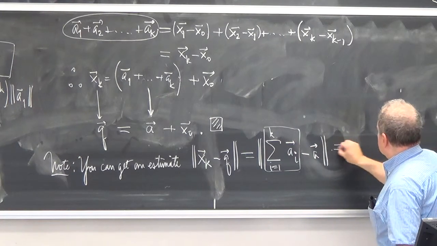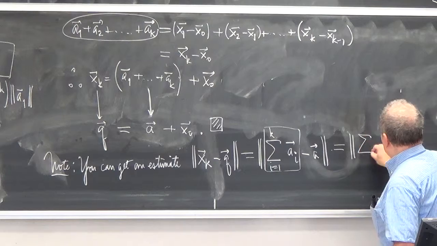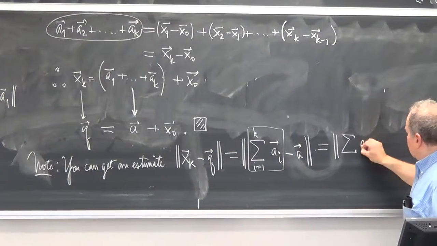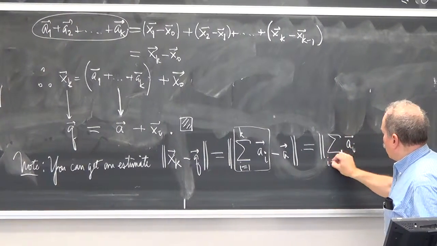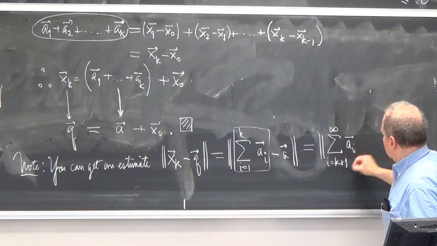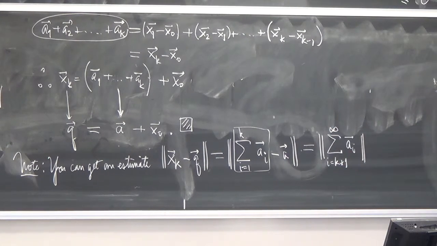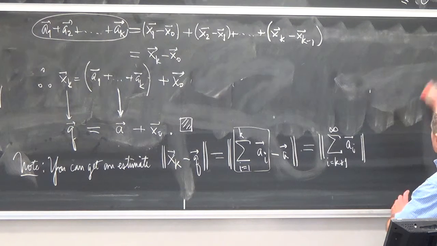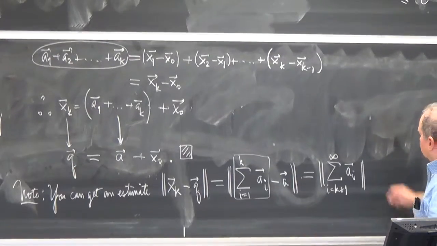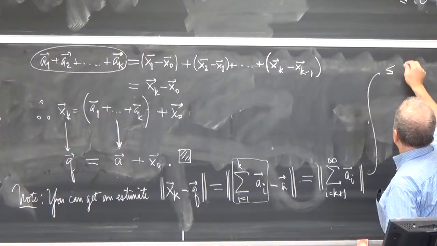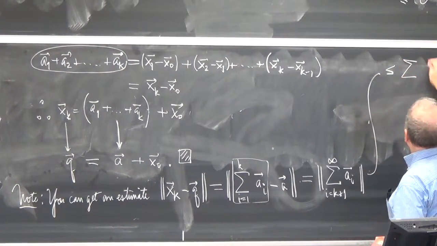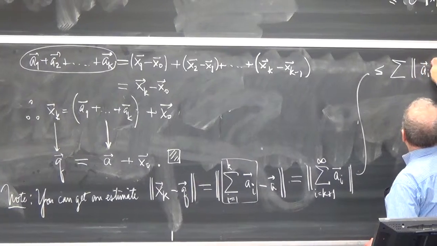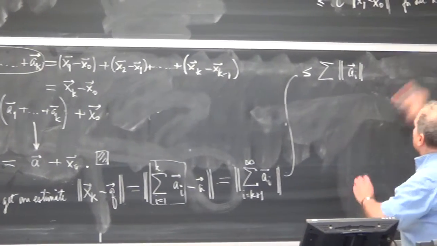And that is the tail of this series, where you go from k plus 1 to infinity. And so by the triangle inequality, this is at most the sum of the magnitudes, looking at the tail of the series.